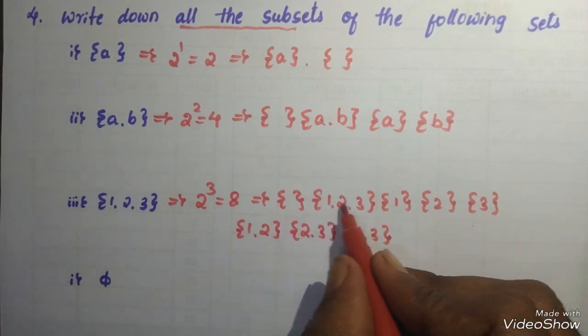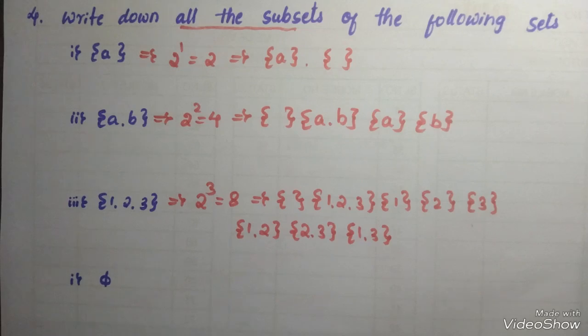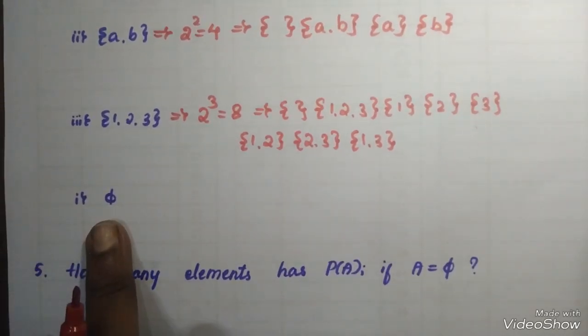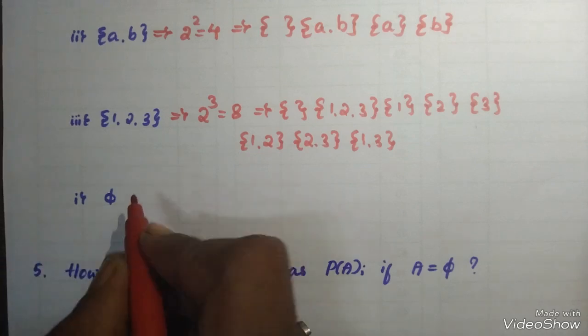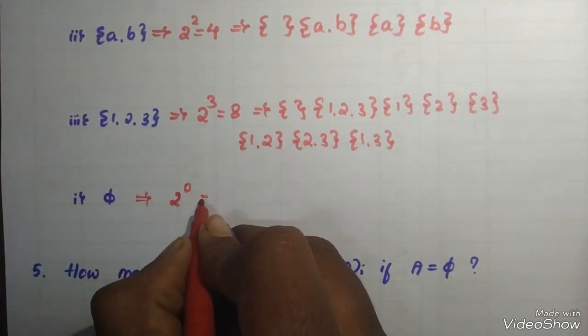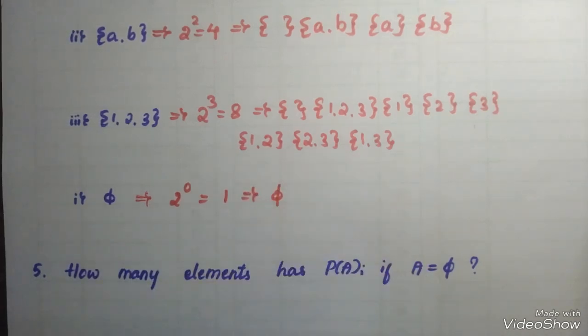Okay, 1 2 3 4 5 6 7 8. There are 8 subsets. Again, next question. Here there is a null set. Null set means there are no elements in the set. Therefore 2 to the power 0, it is 1. Okay, null set is itself a subset, therefore there is only one subset.